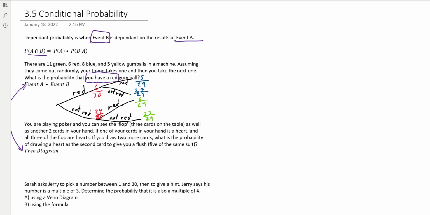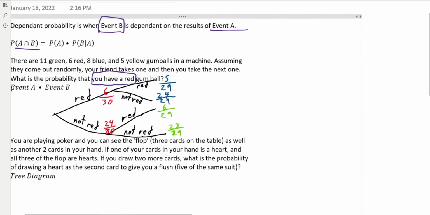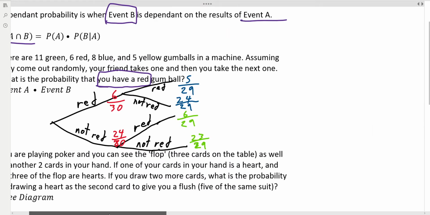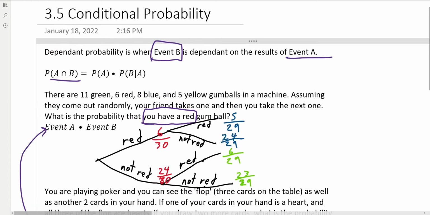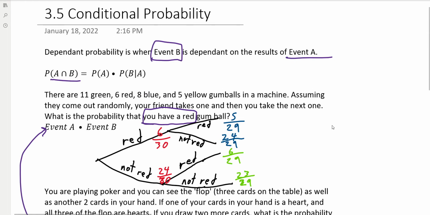To find the actual probability for any given one of these situations, you multiply event A times B. Event A is the first one being red. Event B is either red or not red, depending on the situation here. So let's try this out. Maybe I'll zoom in a little bit, it'll be easier to read. Event A is 6 out of 30 times event B is 5 out of 29.